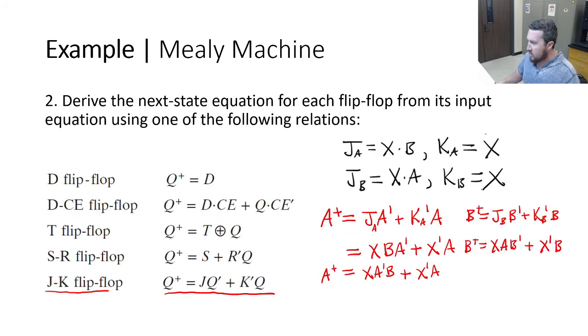KB should be XA. So let me fix that. It feels wrong. So KB prime means it's going to be X A prime and B, which means that we still need to get it into sum of products form, because the next thing we need to do is plug it into our K-maps.